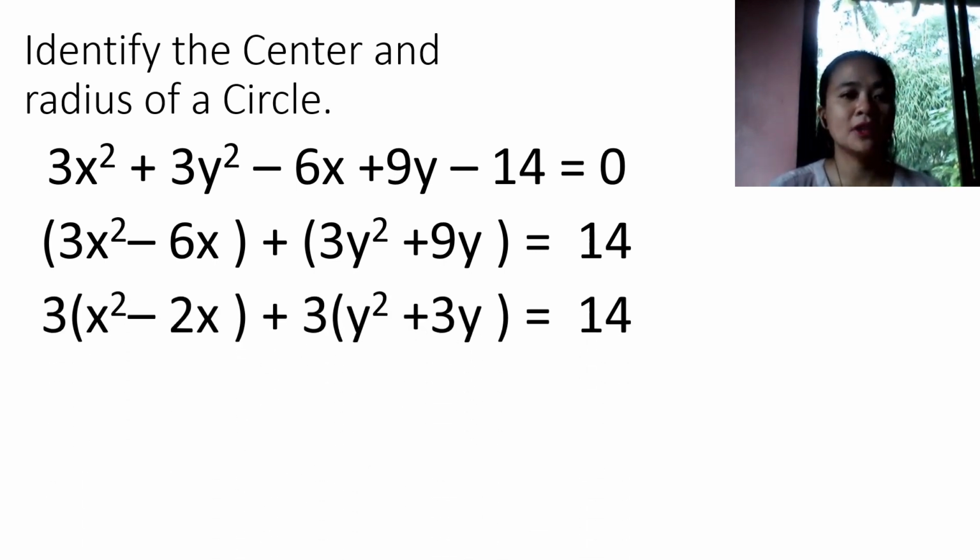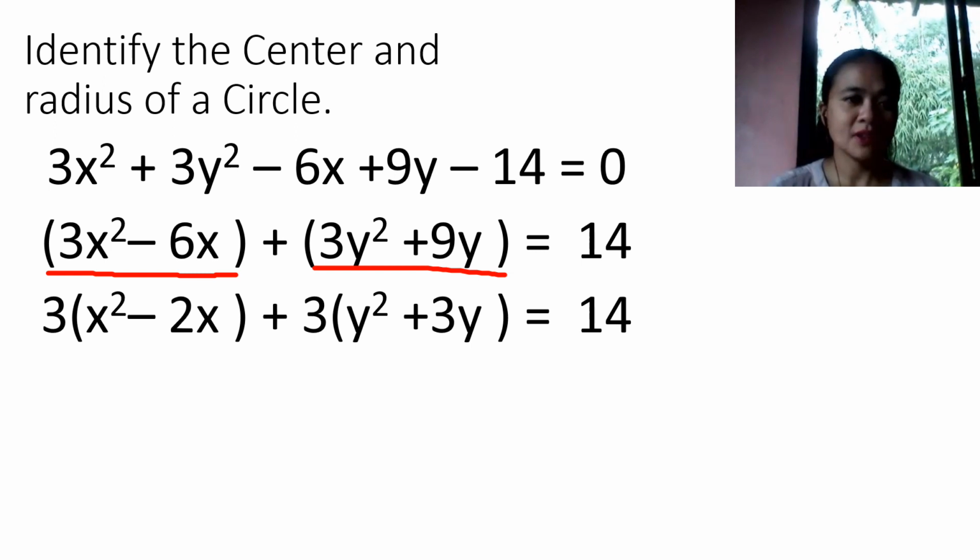Next, but before that, we have to factor out first the two terms. Since 3 and 6 have a common factor, which is 3, we have to factor. So 3 times the quantity x squared minus 2x. The same with y, which has a common factor of 3.